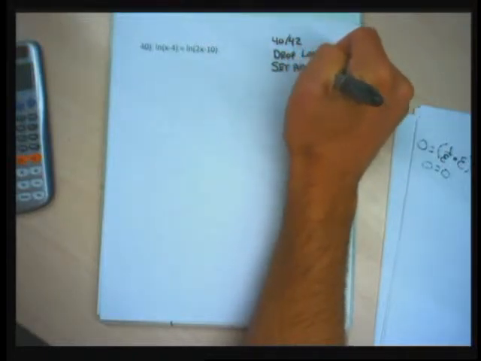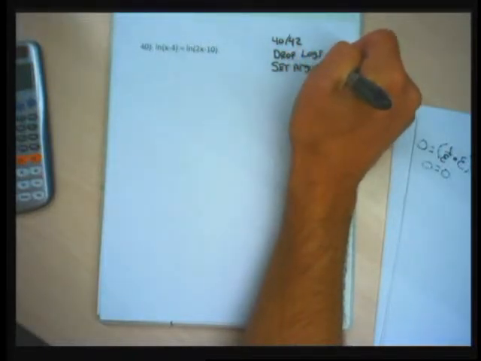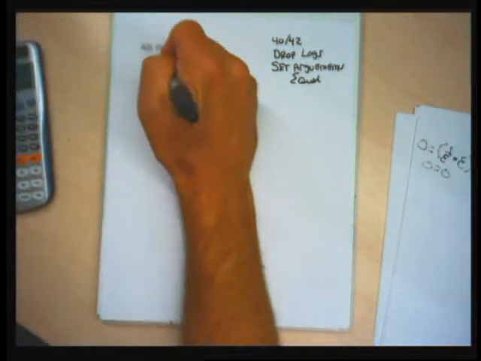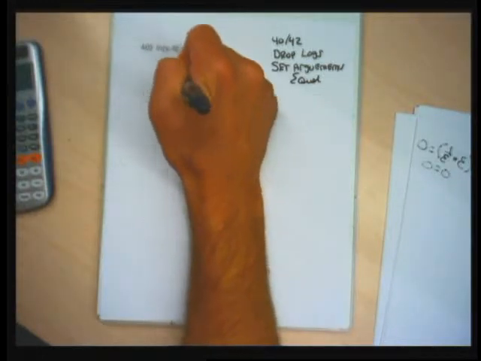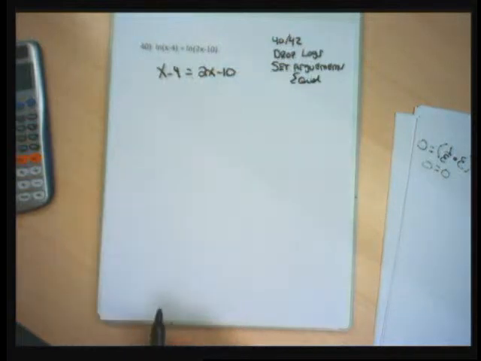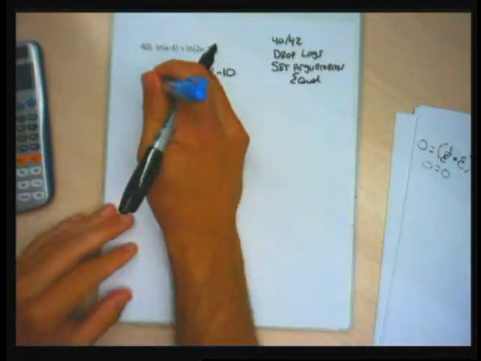They have one logarithm, same base, equal to another logarithm, same base. For those problems, they're easy. You just drop the logs and equate the arguments and solve for x.